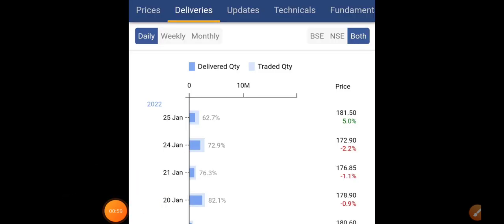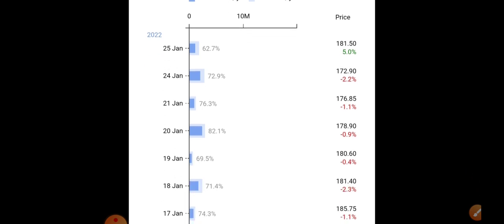Before we get into the technical charts and quarter results, let us analyze the day-to-day deliveries. We can see on 25th Jan itself, 62.7% deliveries were present for CG Power and it gave somewhere around a 5% upper circuit. If you look at the previous trend, the market was itself in a downtrend.